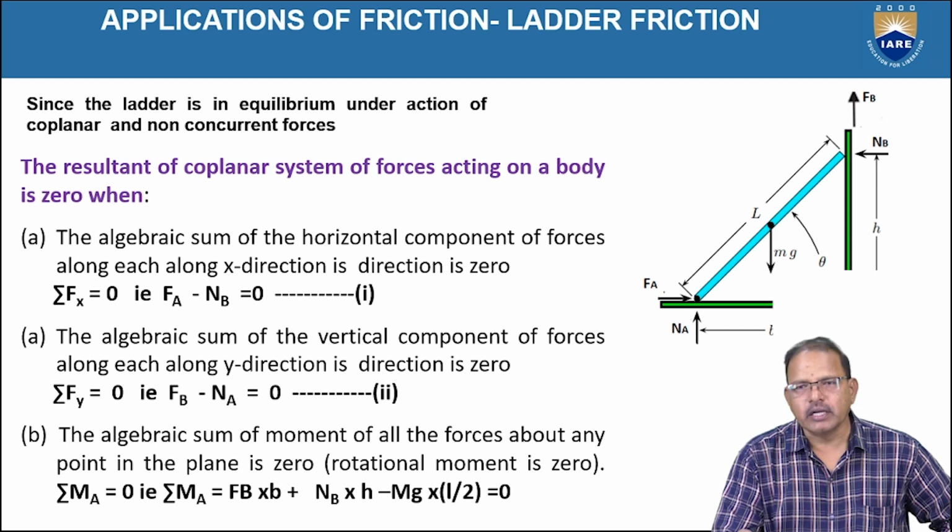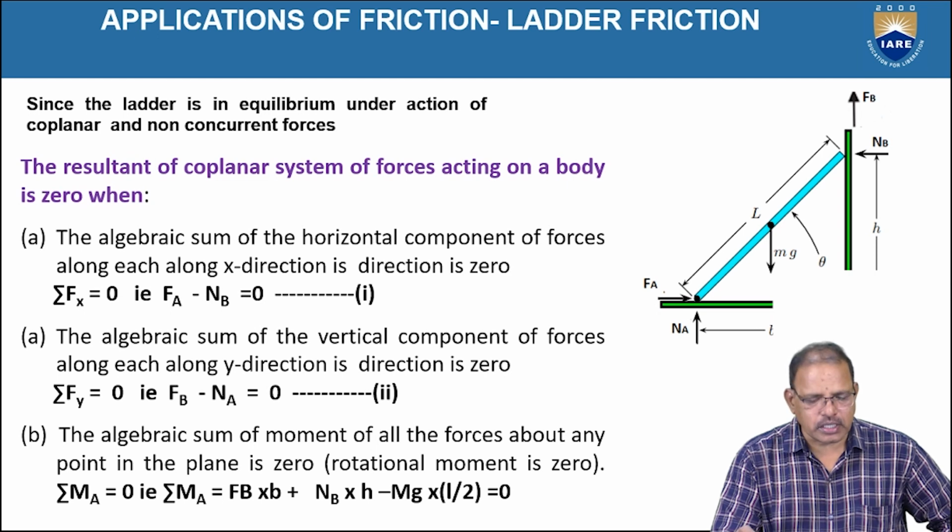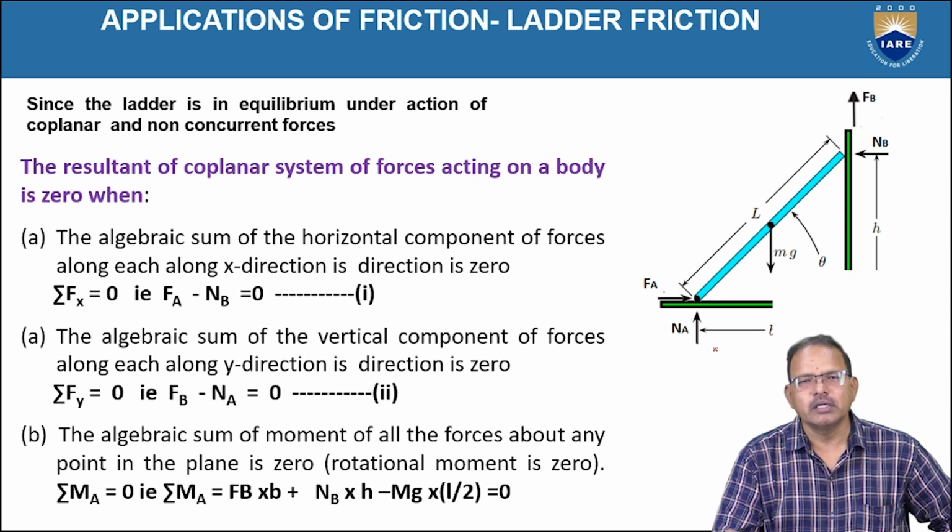Parallel forces are acting on it, and three conditions should be satisfied. The first condition is that the sum of the components of forces acting in the horizontal direction should be equal to 0. That means sigma Fx is equal to 0.